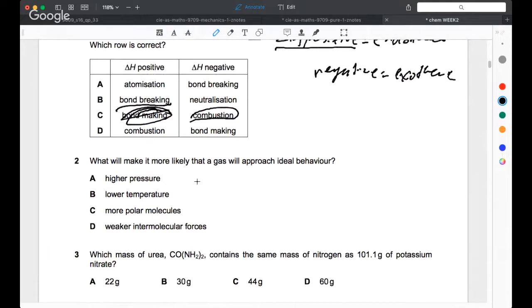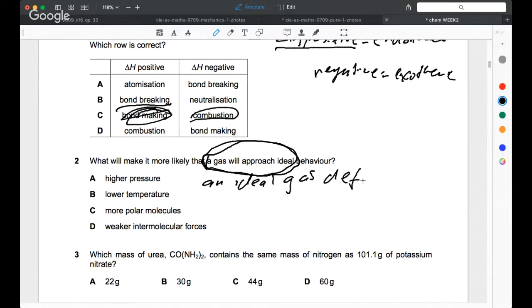Question 2. So the way to start thinking about this question is, the first question we would ask ourselves is, what is an ideal gas? So what is the definition of an ideal gas?